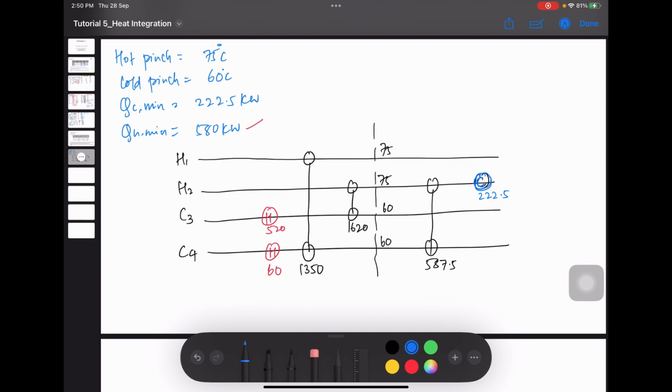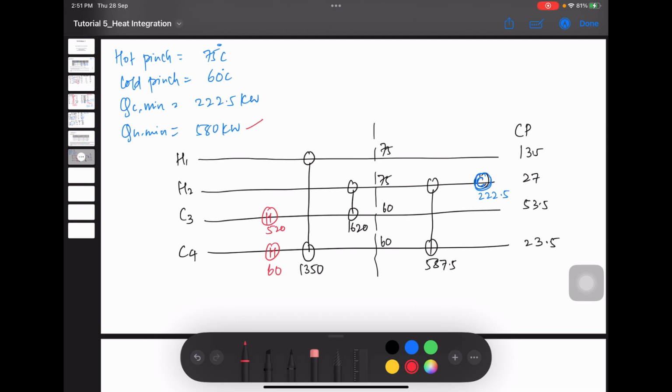The CP of each stream from the table is 13.5, 27, 53.5, and then 23.5. So these are your CP values, and your temperatures.